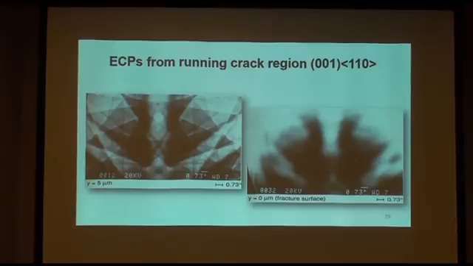Here are two cases. They will differ in the amount of plasticity by the sharpness of the lines, like a Fuji line, and we can calibrate, and relate it to the amount of strain, the plastic strain.